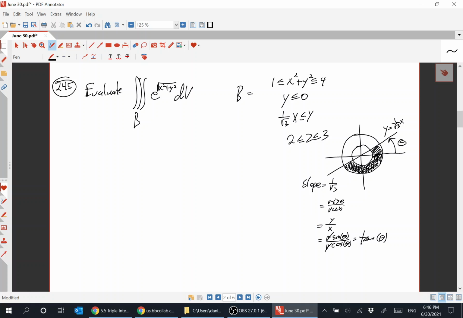So what angle in the first quadrant gives you tangent equal to 1 over root 3?